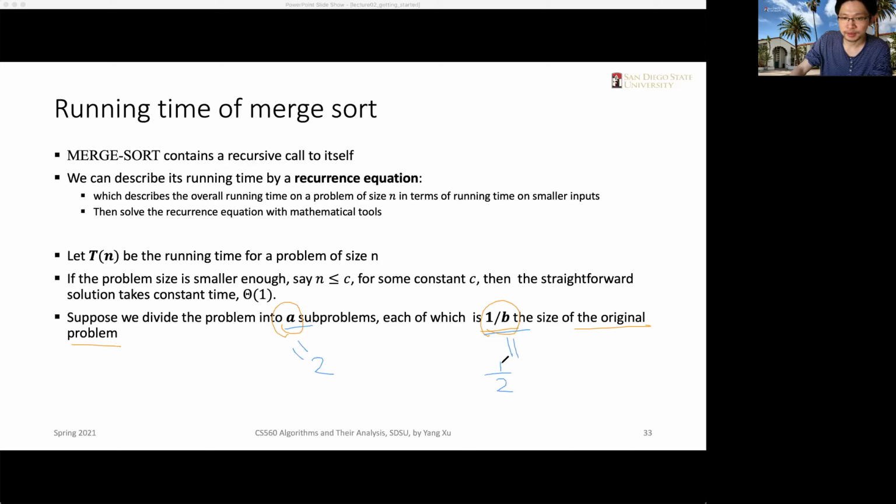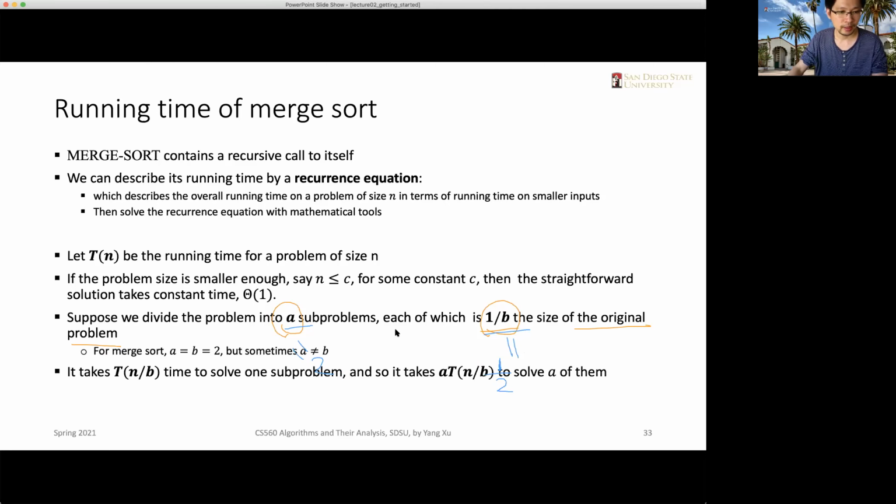The general a and b mean that in a general divide and conquer approach, for different problems, a and b can be different values, not necessarily 2 and 1 over 2. We will see that later, but it doesn't really matter this time. All right, so let's assume that we've got T of n and a and b all defined.